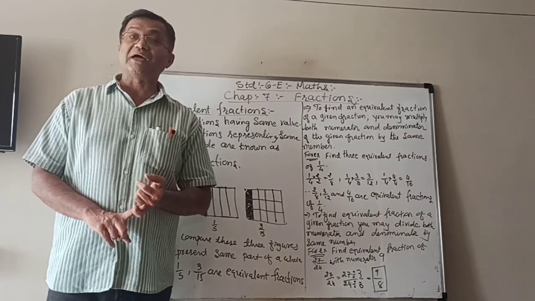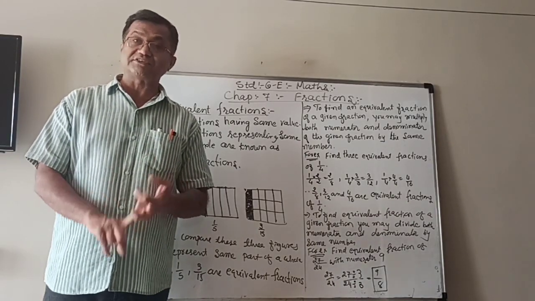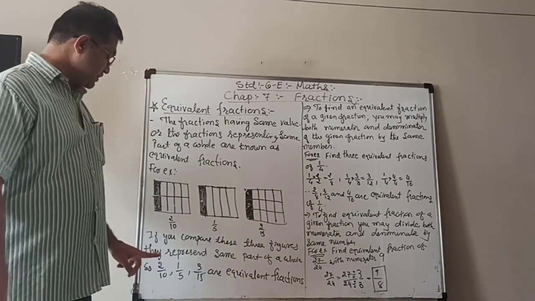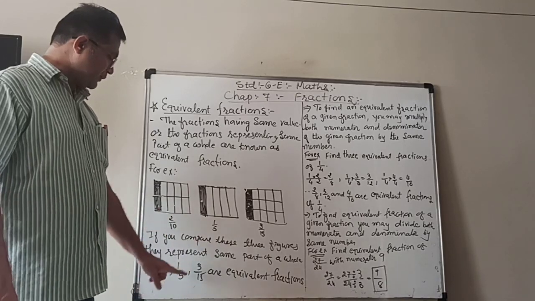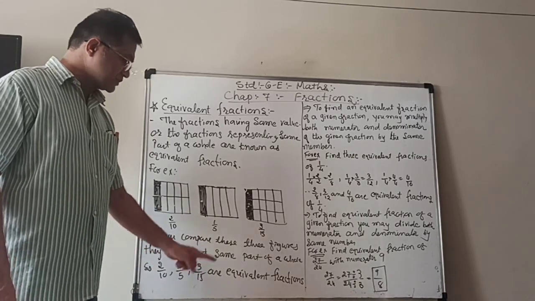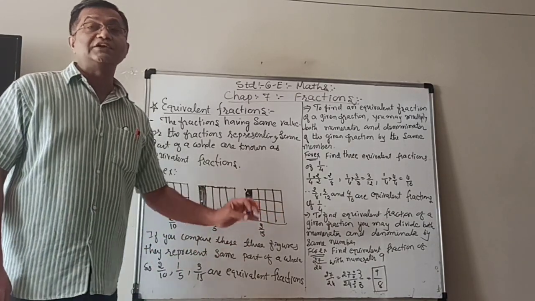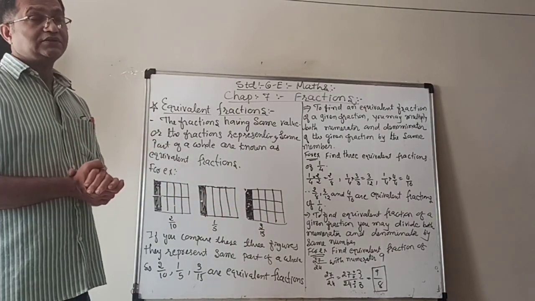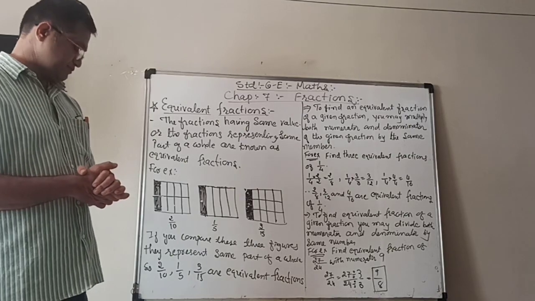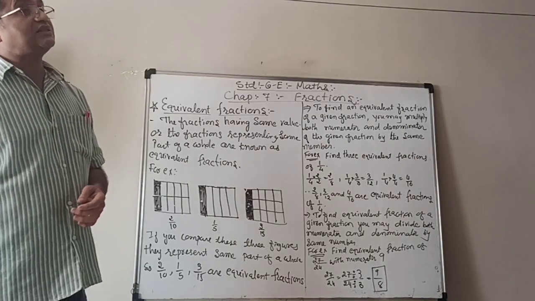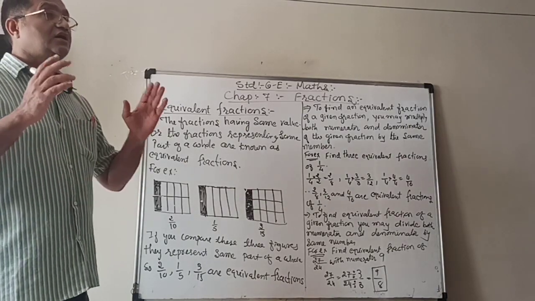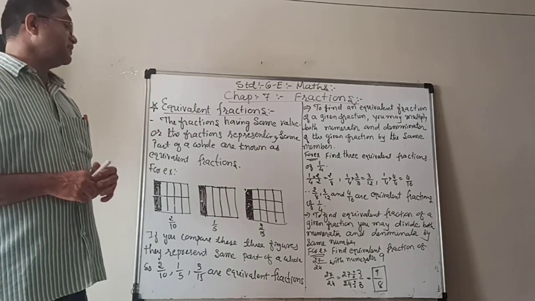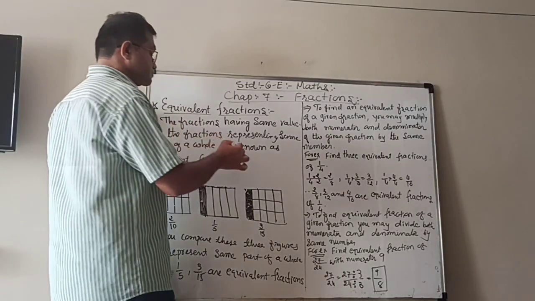Therefore, they are known as equivalent fractions. It means that 2 upon 10, 1 upon 5, 3 upon 15 are equivalent fractions. So whenever you see these types of situations, we can say that it is representing the same whole.